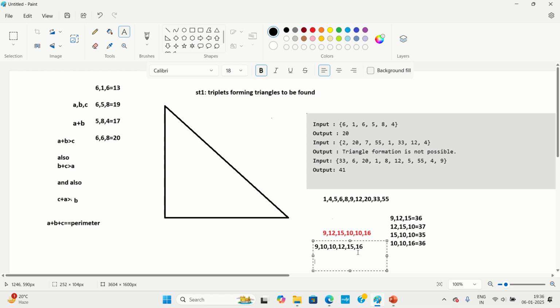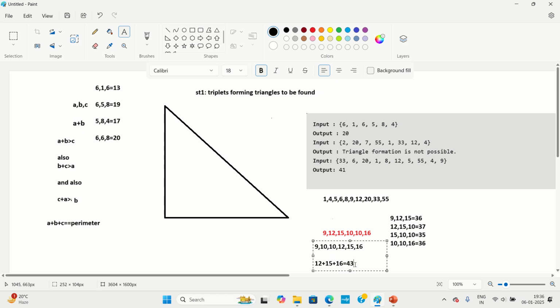But is it giving us the maximum perimeter? Let us see. 12 plus 15 plus 16. Okay, let me check once. I think this is the maximum perimeter in this case. Very sorry guys, what is it forming? 12 plus 15, 27. 27 plus 16, it is 43 actually.